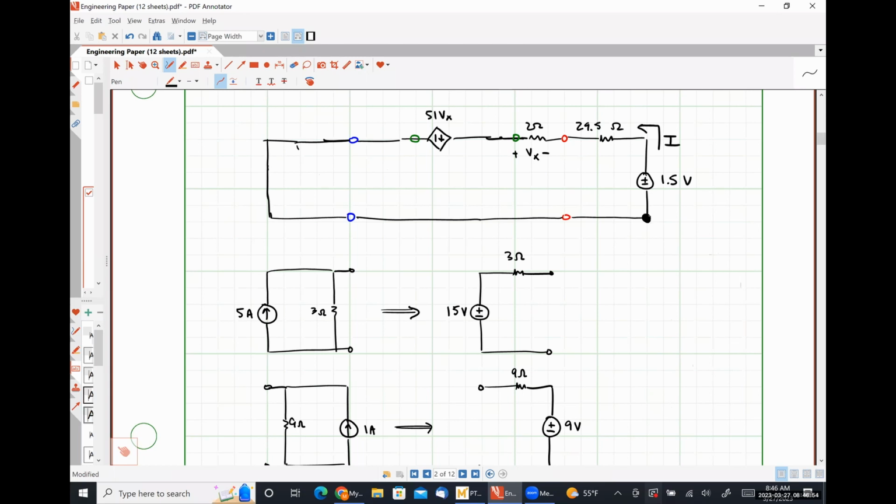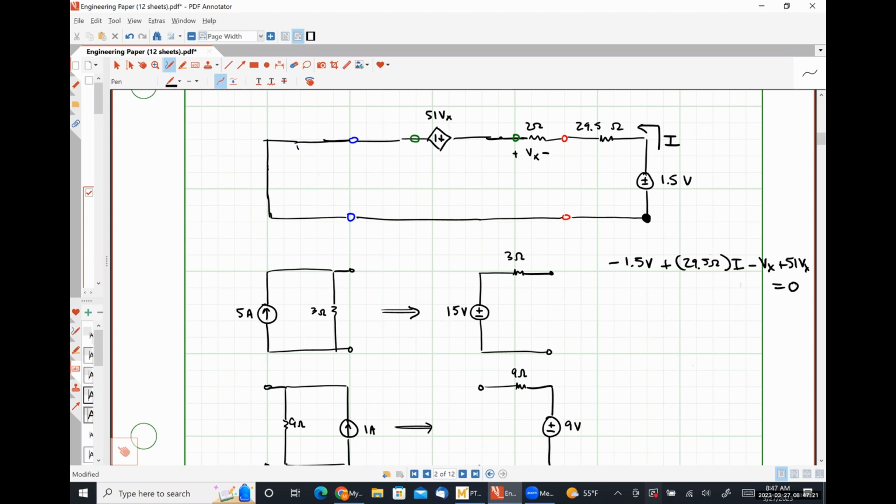So I see the negative polarity terminal of my 1.5 volt source, so I have negative 1.5 volts. Now I need the voltage drop across my 29.5 ohm resistor, so that's going to look like plus 29.5 ohms times I. Then I see a minus Vx. Then I see plus 51 Vx. And I set this equal to 0.